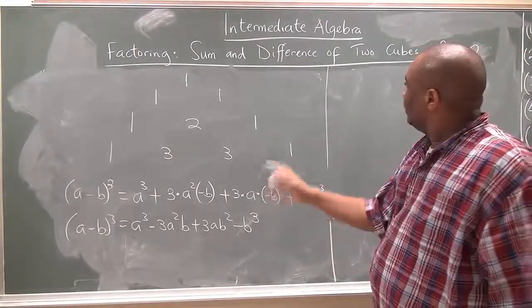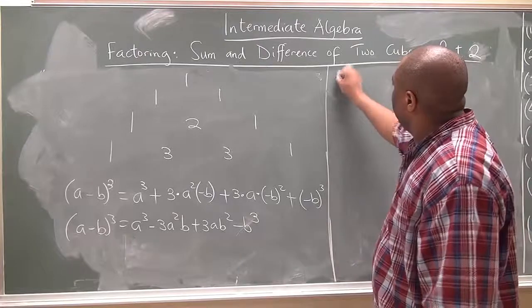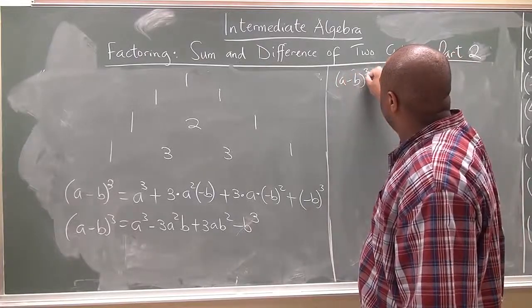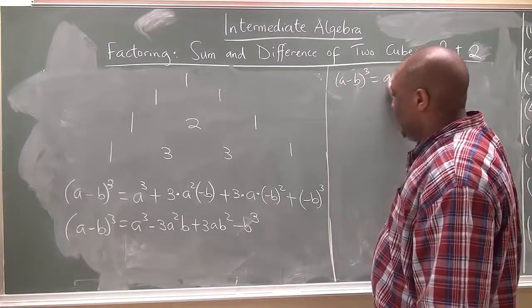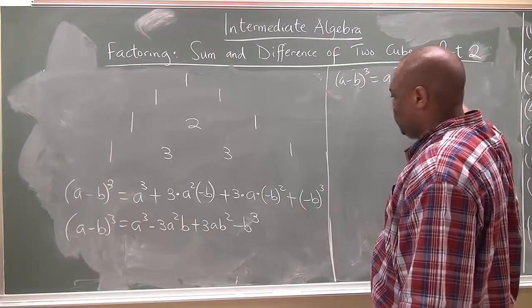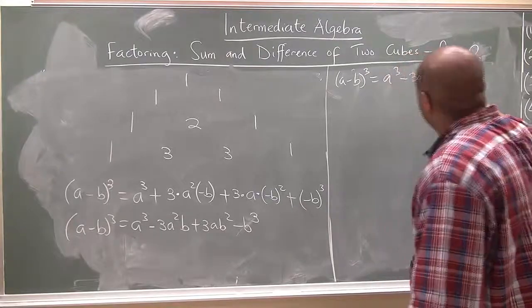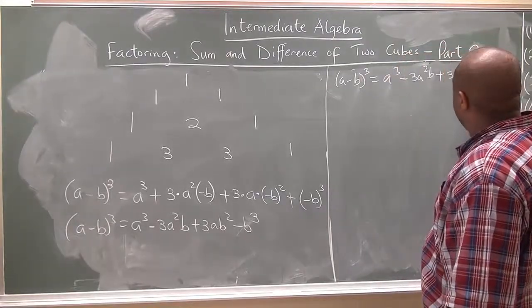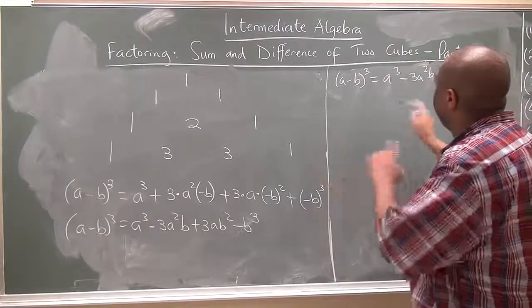So let's start from here. That a minus b all cubed is a cubed minus 3a squared b plus 3ab squared minus b cubed. Let's rearrange this.